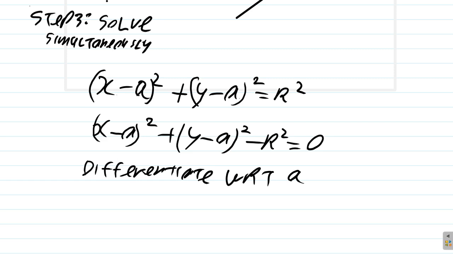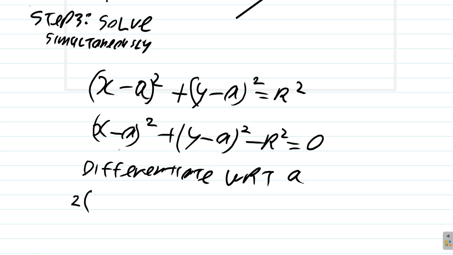Now remember, if we differentiate partially with respect to a, we're going to differentiate this part. Use the chain rule. The outside function is all of the square. So the derivative of the outside function is 2. And if you need to, you could say let u be equal to x minus a, and then the derivative of u squared is 2u, and so on and so forth. But anyway, I'll assume that you've been practicing the chain rule enough.